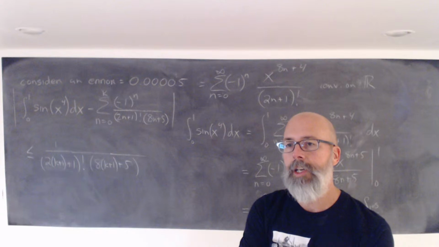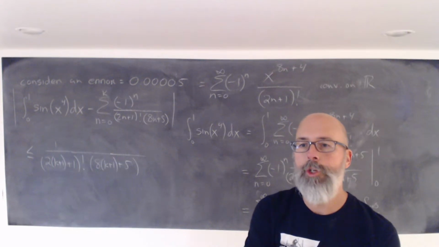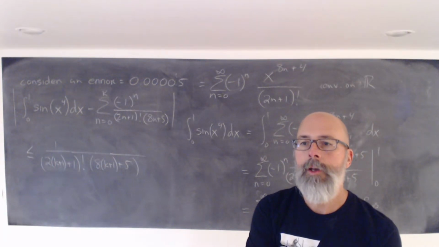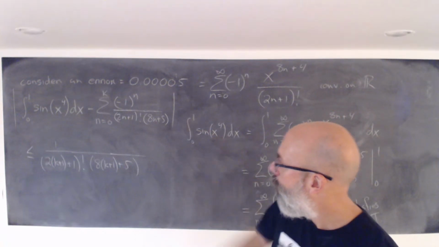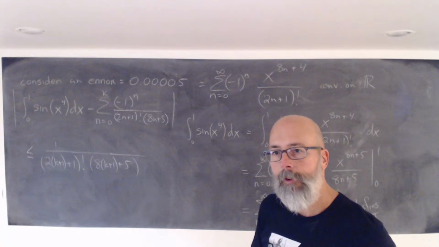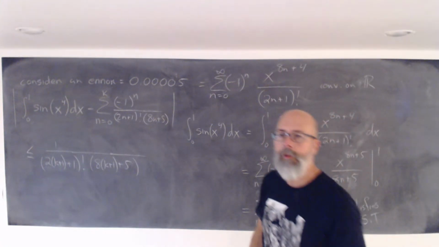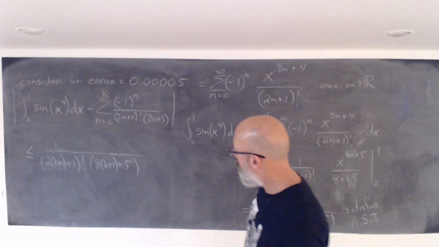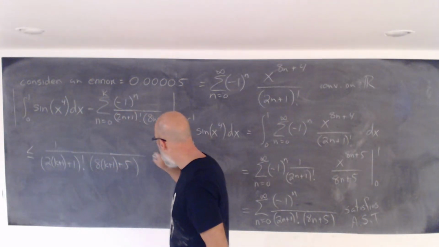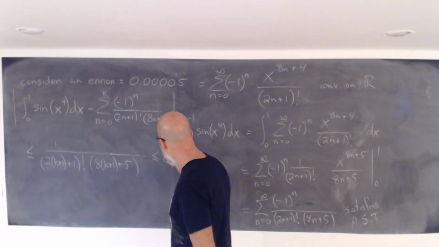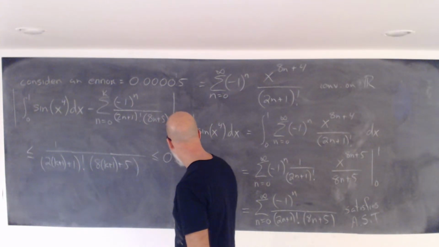So Abe is asking, instead of assuming an answer, could we just guess a number of terms to add and use trial and error? Well, I mean, that's exactly what we're going to be doing, right? We're going to use trial and error to make sure that this is less than 0.00005.